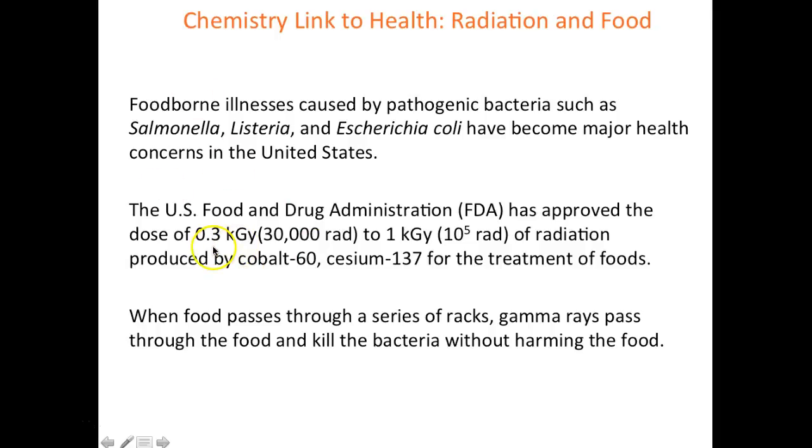All right, and the allowed radiation is 0.3 kilogray, that's 30,000 rads, and 1 kilogray, that's 100,000 rad. And the sources for those radiation are cobalt 60 and cesium 137. So the foods are placed on racks, and then the gamma rays pass through the food.